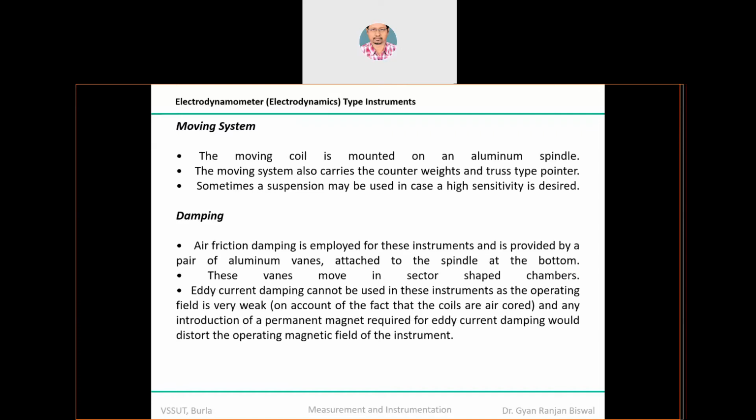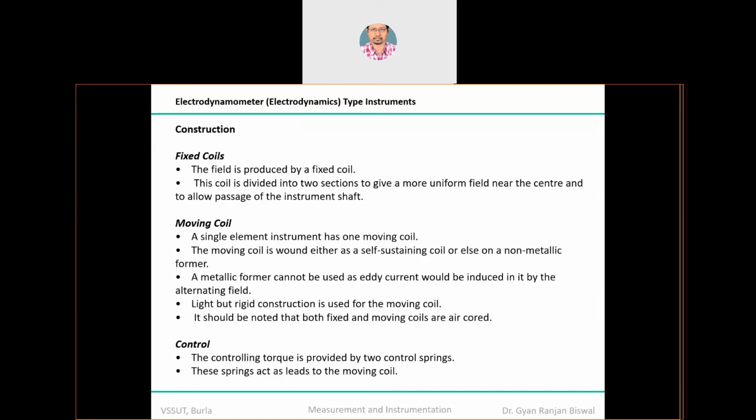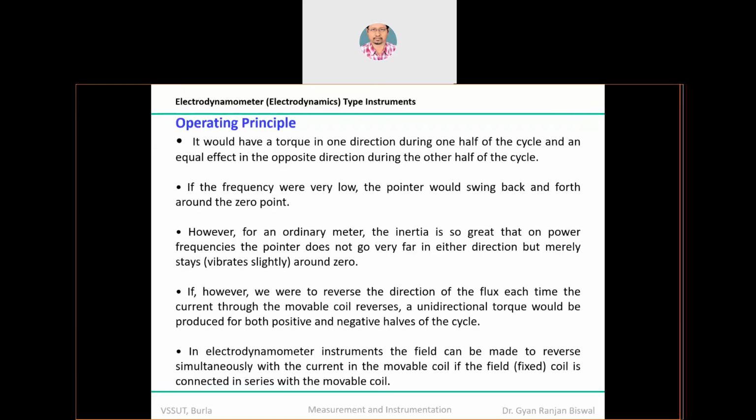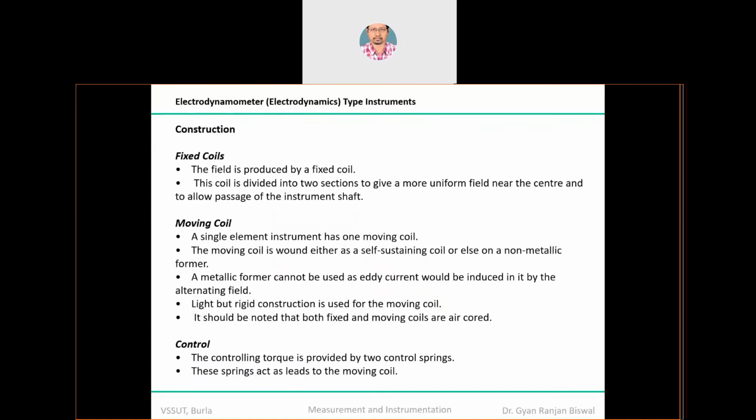On the other hand, eddy current damping cannot be used in these kinds of instruments, the moving iron instrument and the electrodynamometer type instruments, because the reason is the field, in other words the fixed coil. Whenever I say the field, note that it is the fixed coil.